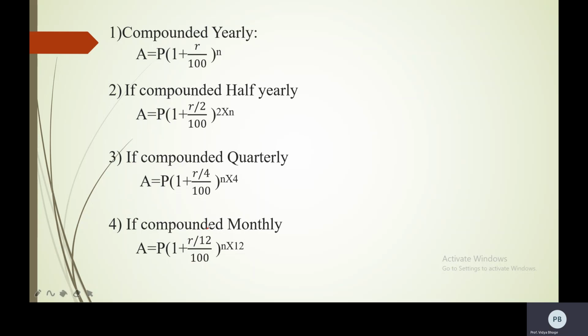Now if compounded yearly, then use this formula: A is equal to P in bracket 1 plus R upon 100 raised to n. If compounded half yearly, then use this formula: A is equal to P in bracket 1 plus R by 2 divided by 100 raised to 2n. Third, if compounded quarterly, then A is equal to P in bracket 1 plus R by 4 divided by 100 raised to 4n.